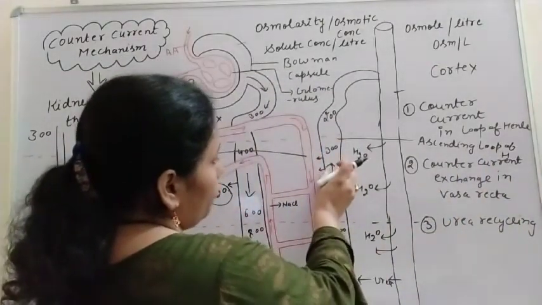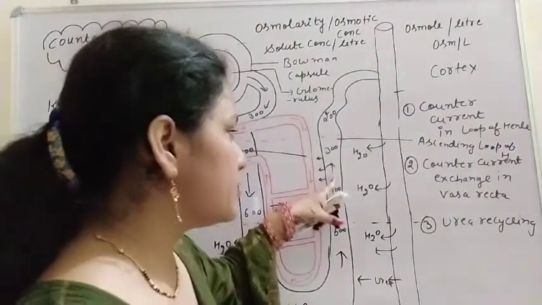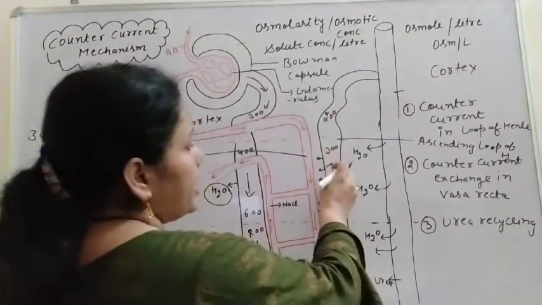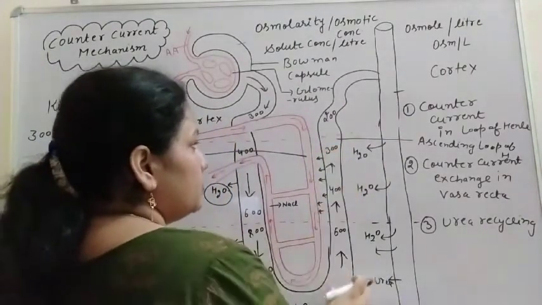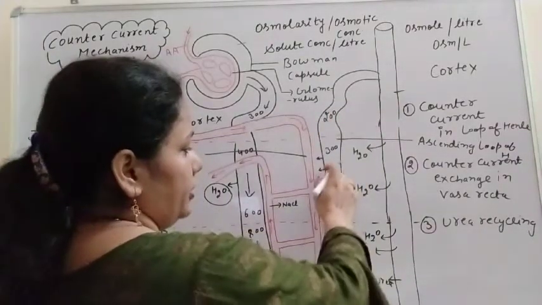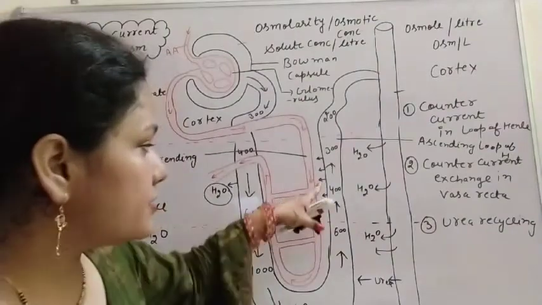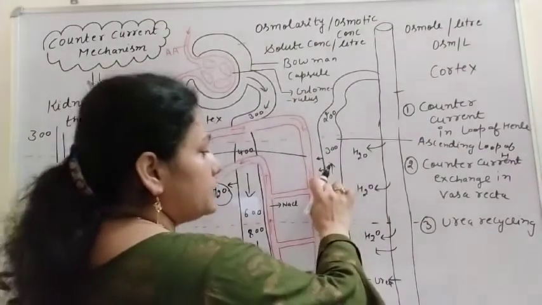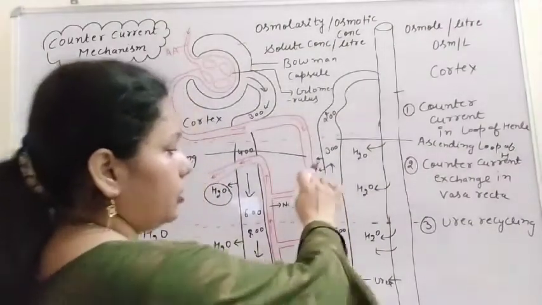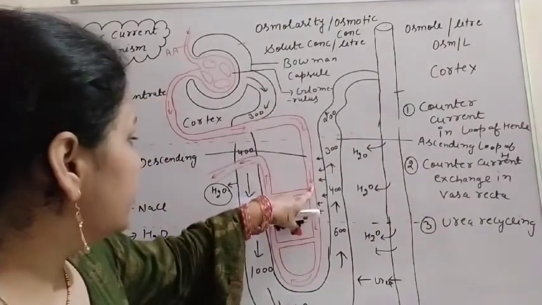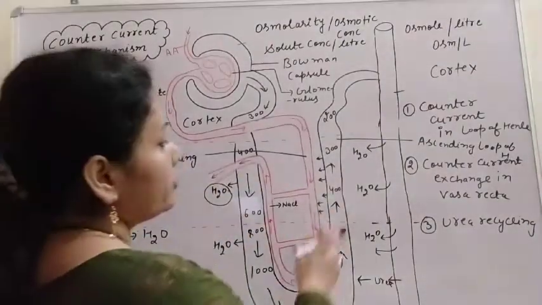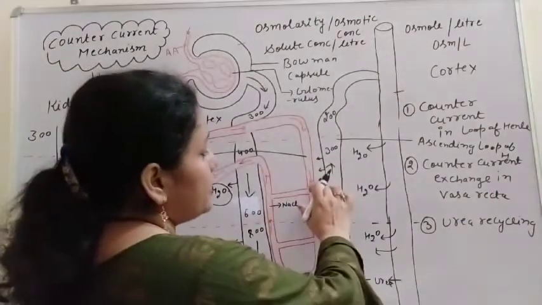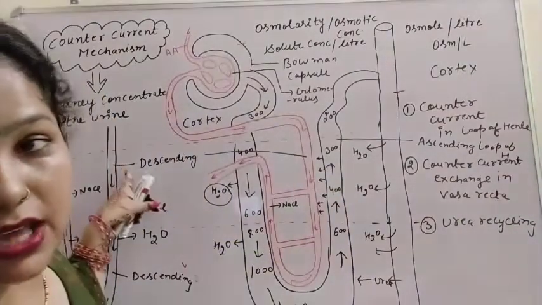From this ascending loop of Henle, because it is permeable to ions, NaCl is reabsorbed, and this NaCl does not remain in the interstitial fluid; it is exchanged by the vasa recta. And which part of the vasa recta? The descending. So we can say the ascending loop of Henle exchanges NaCl with the descending vasa recta.